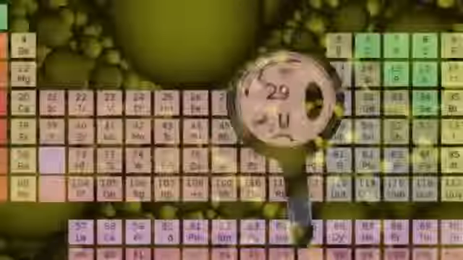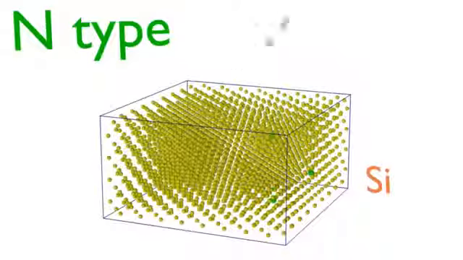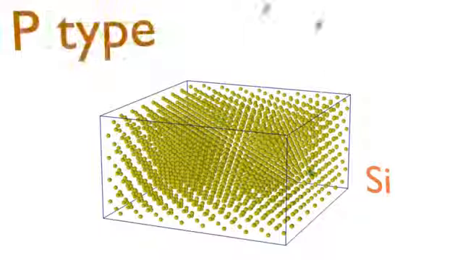The MOSFET is manufactured in a silicon substrate, one of the most prolific materials in the Earth's crust. The advantages of using a semiconductor material are the following. Firstly, we can change its conduction capabilities by the controlled addition of impurity atoms.